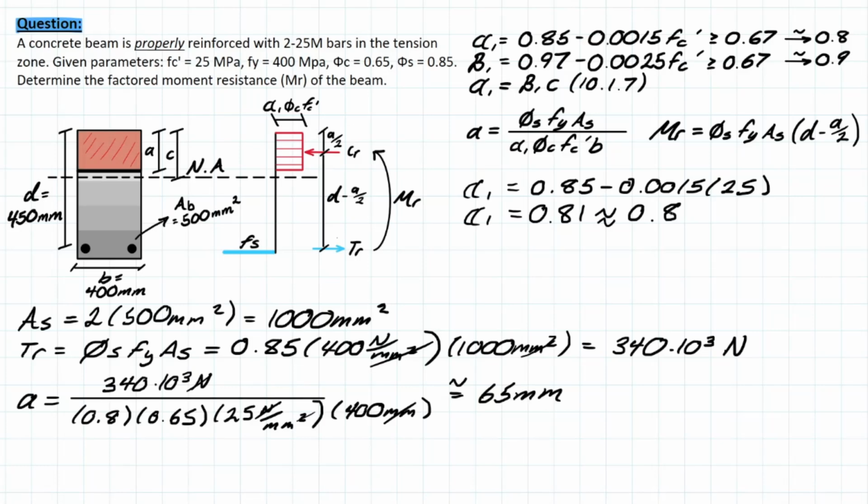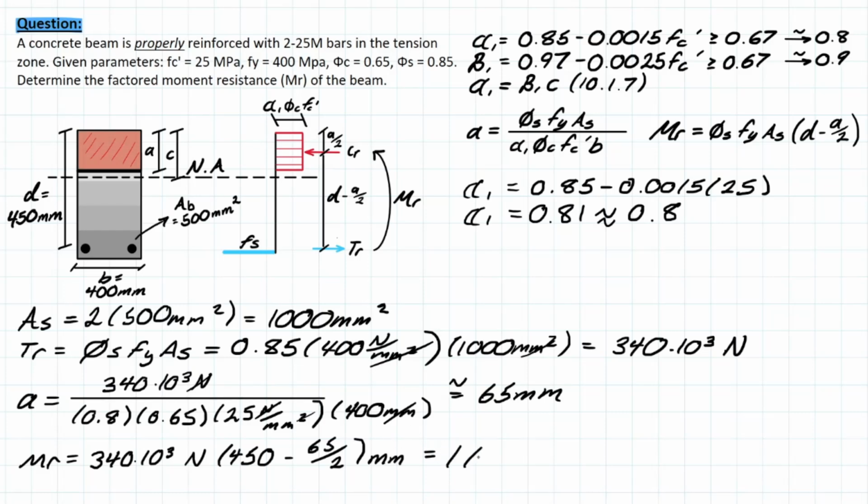And just like that, we have all of our variables in order to solve for this Mr. So we're simply plugging into this formula. We know that this section simply represents Tr. So that's going to be 340 times 10 to the 3 newtons, and then d minus a over 2. Our d value given in the problem is 450, subtracting a over 2, which is 65 over 2, in millimeters.